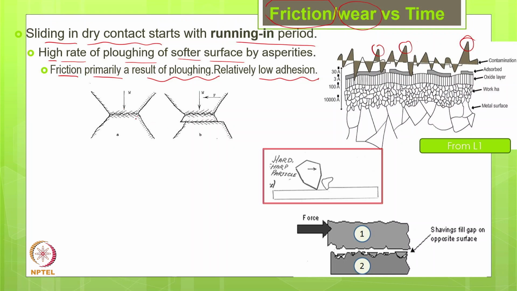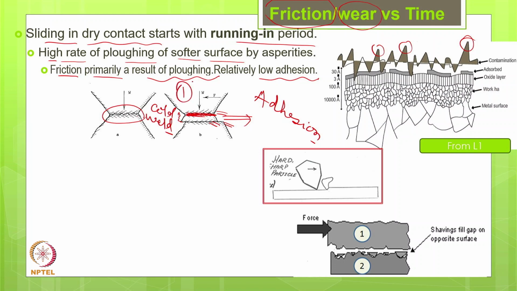Now, if they come perfectly in match, then quite possibly this interface remains stronger compared to the weaker material, and a whole piece of material will get transferred. This is what we call friction caused by adhesion. The force created will be like a cold weld junction, and the strength of the cold weld is more than the strength of material 2.